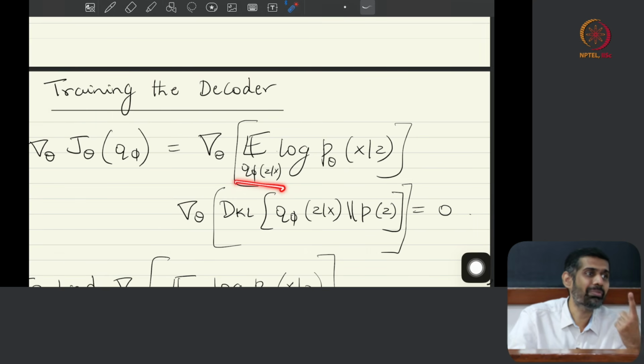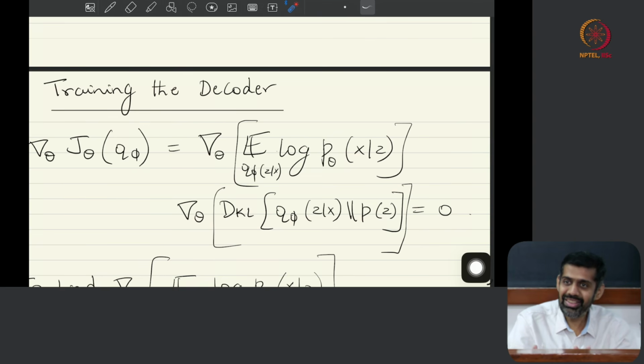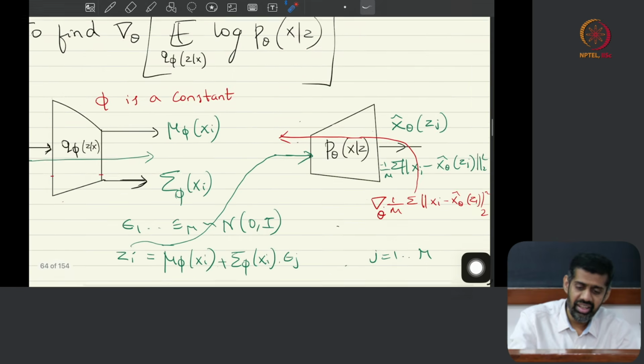You cannot back propagate through sampling because sampling is a non-differentiable operation. Now you understand what it means, right? This integral is approximated using sample averages, and there is that sampling which is not a differentiable operation. Therefore you need to decouple the sampling operation from the neural networks and reparameterize it. That's all it is.